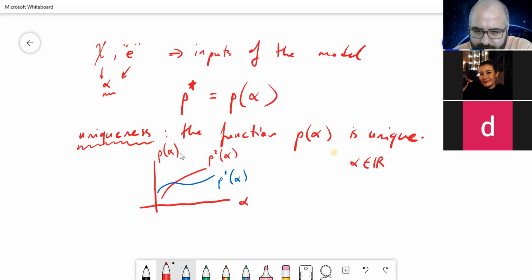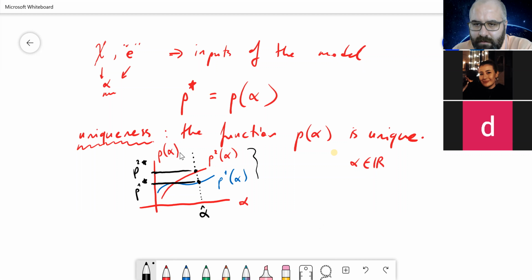So for the same alpha, you find two different equilibrium prices. This is p2 star, this is p1 star. So in that case, not unique.